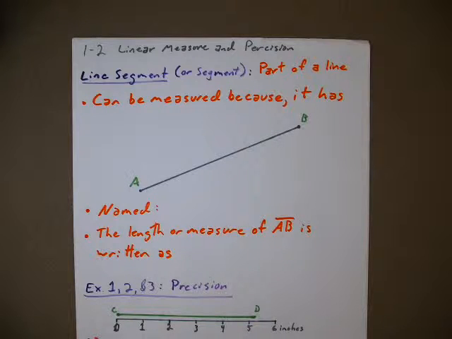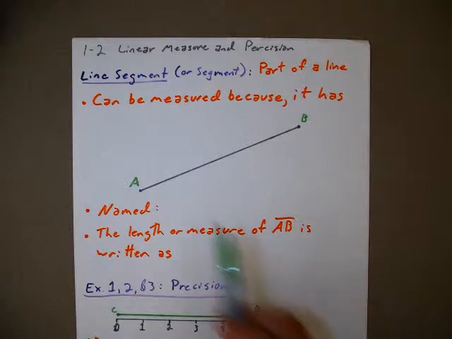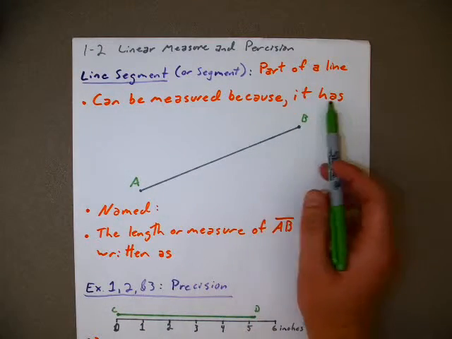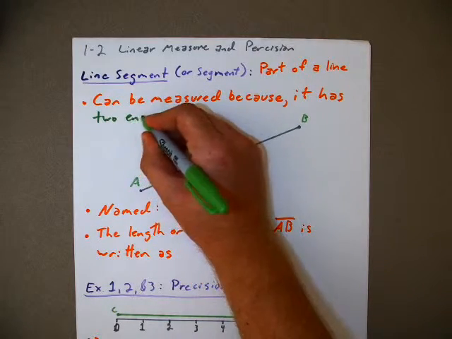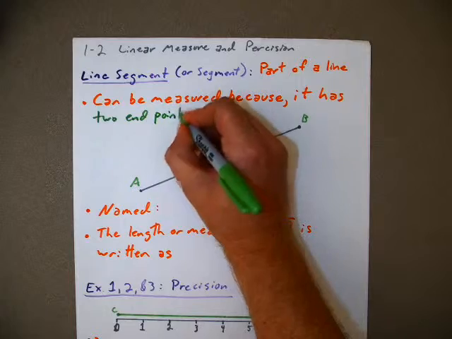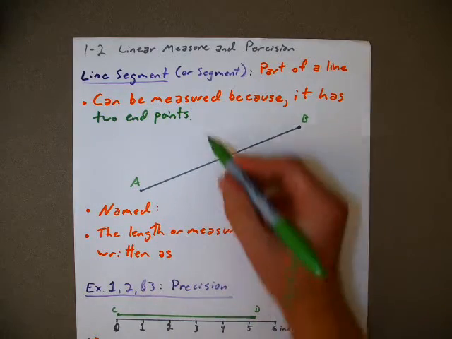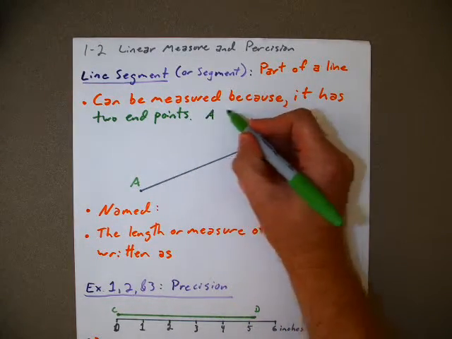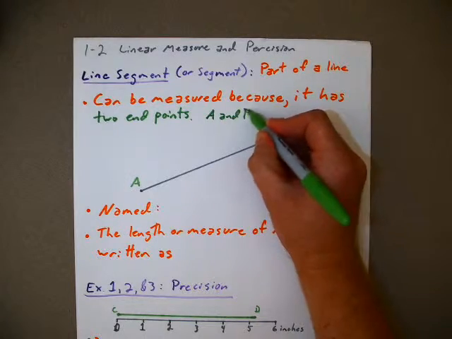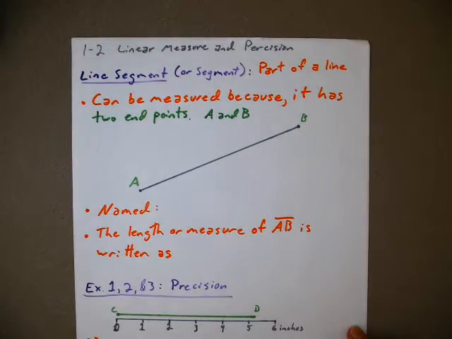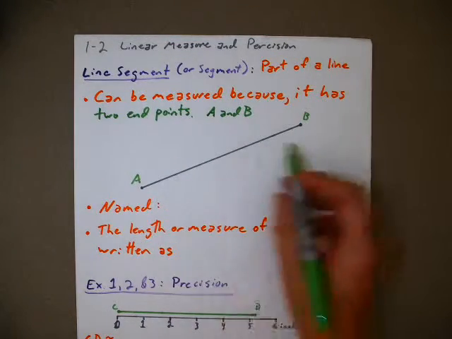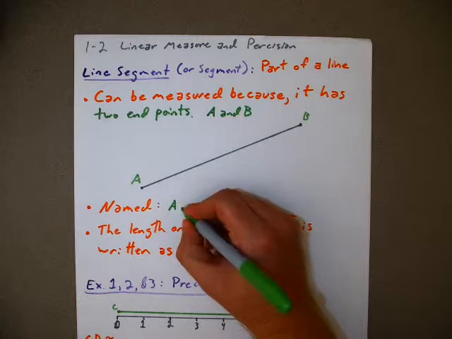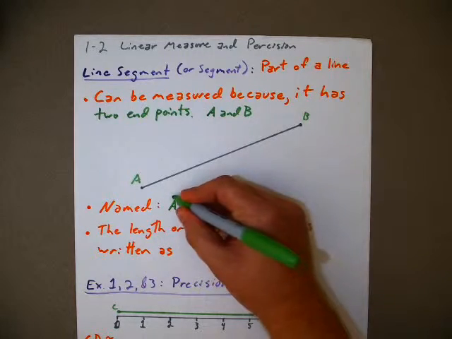So let's go over some of the information we have. Line segments can be measured because they have two endpoints. In this case, the endpoints are point A and point B. The way we name a line segment is by the endpoints, so we can name it AB, and when you do this, you make a line above it.